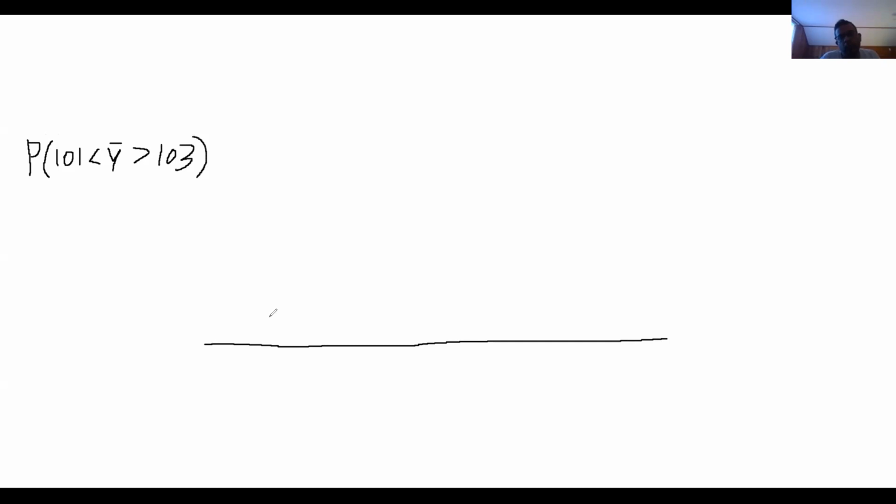So I draw the distribution, and then I say that my mean is here, and I locate 101 and 103. Say 101 is here, and 103 is here.